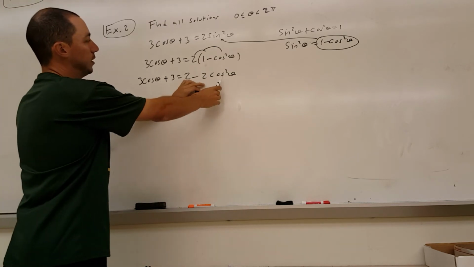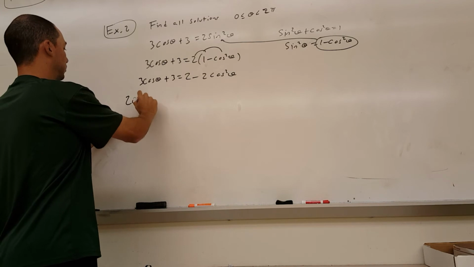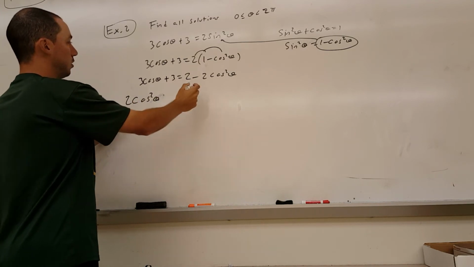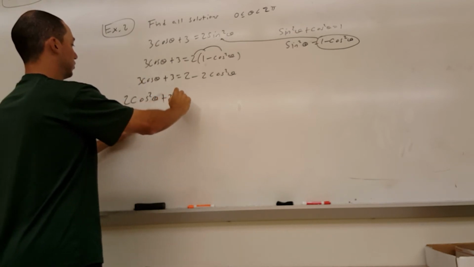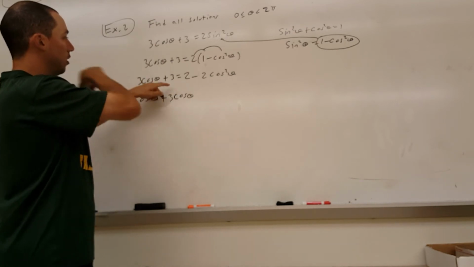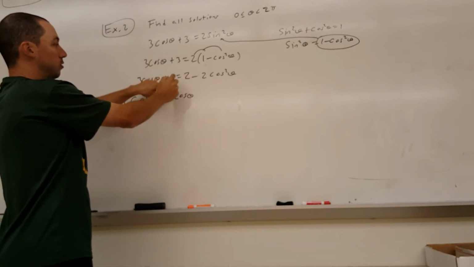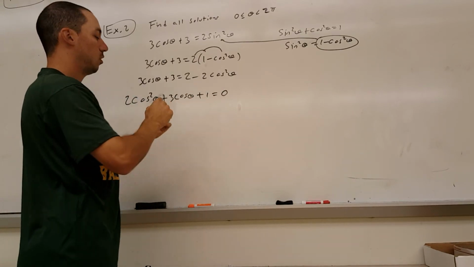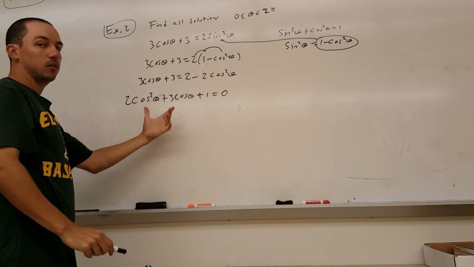I want my squared variable to be positive, so I'm going to add 2 cosine squared theta, and then plus 3 cosine theta. I have a 3 here. I need to get this 2 on the left side of the equation. Subtract 2. 3 minus 2 is plus 1 equals 0. Okay, got all the same variable. Everything's on one side of the equation.